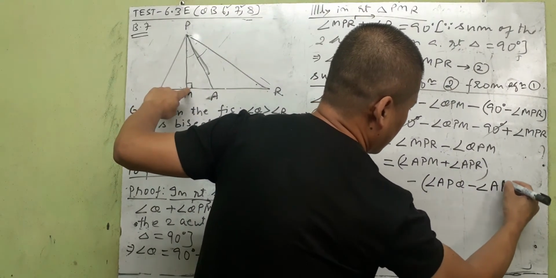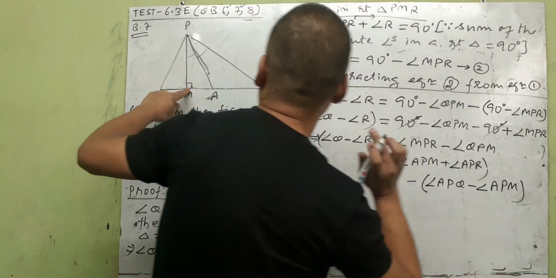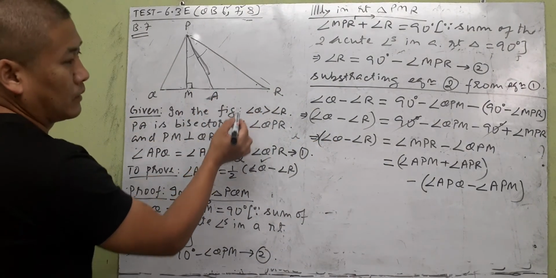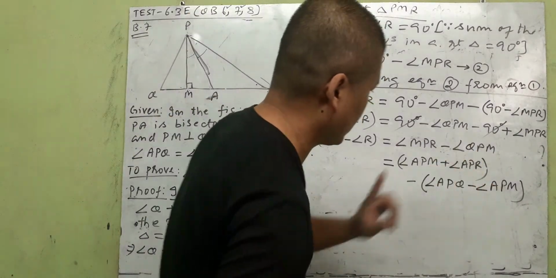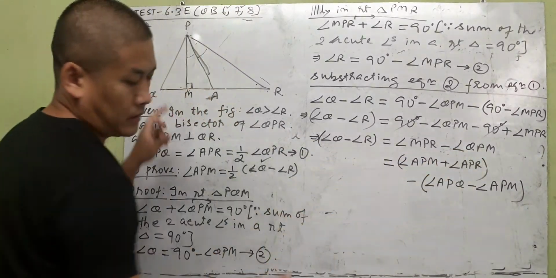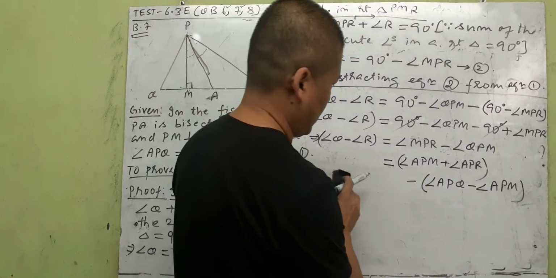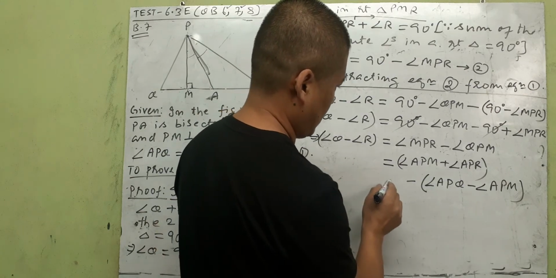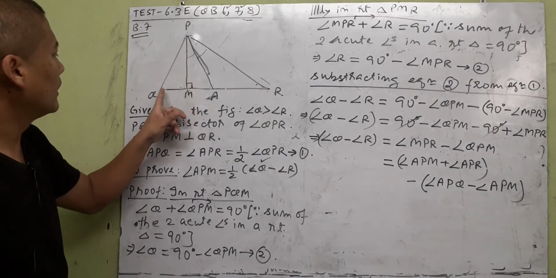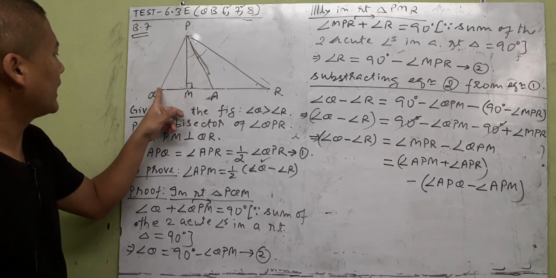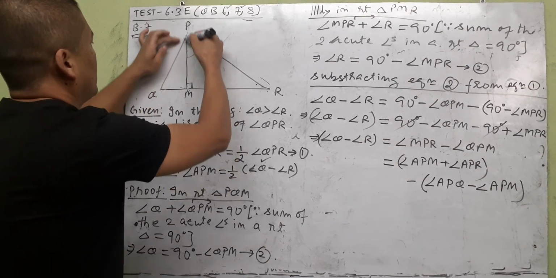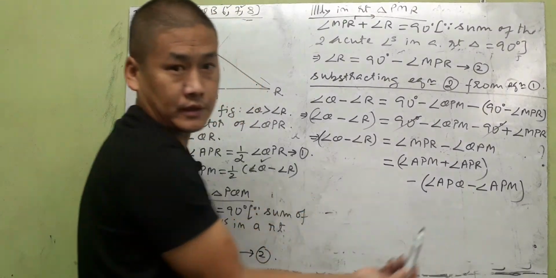Listen carefully. Then you will get QPM, or not? So QPM is this big angle APQ minus this small angle APM, this one QPM. So we have expressed it in those terms.